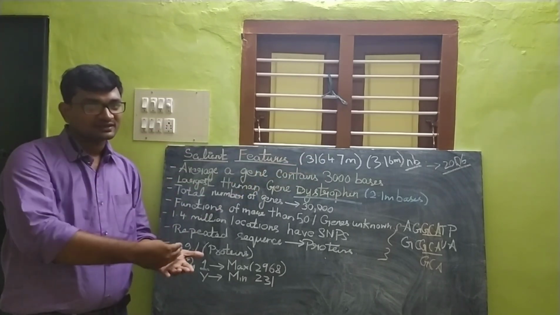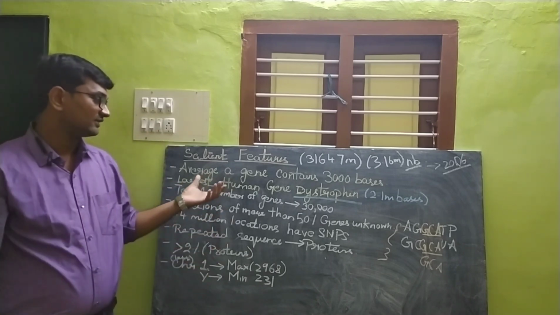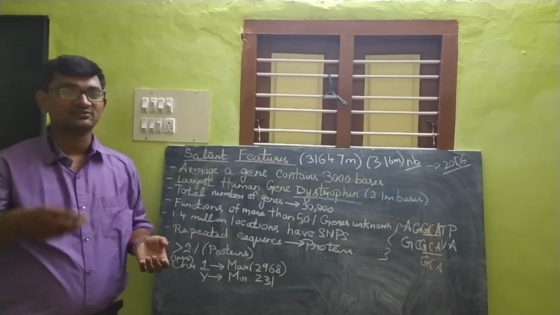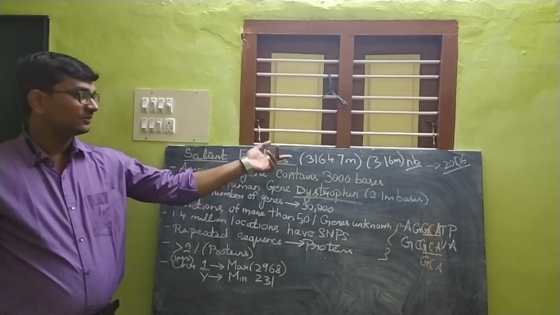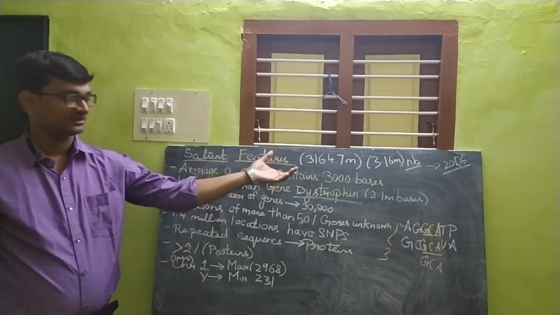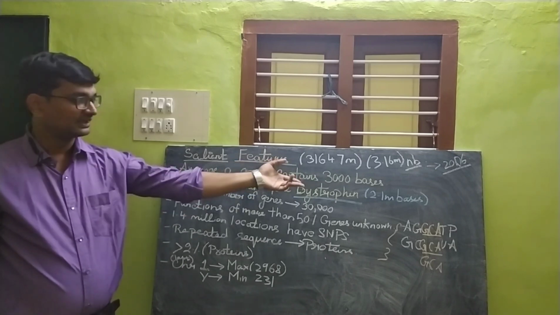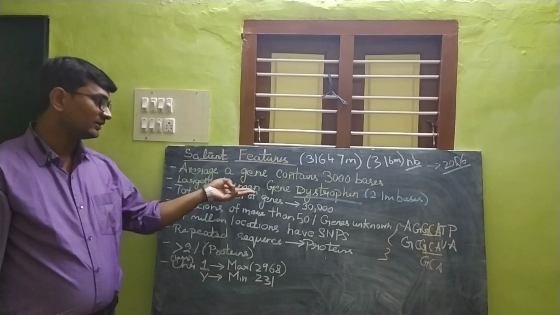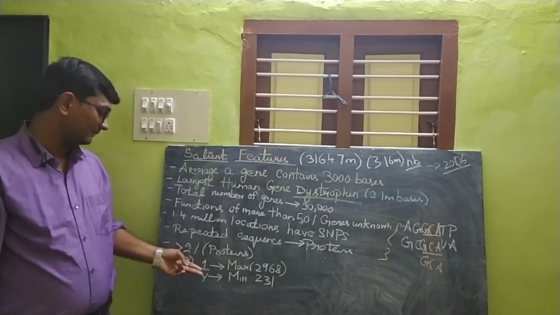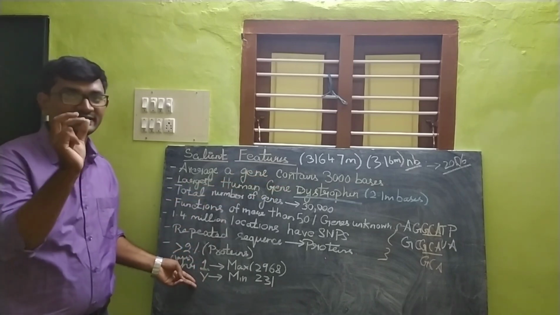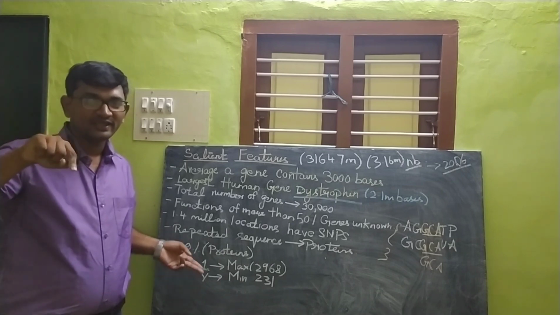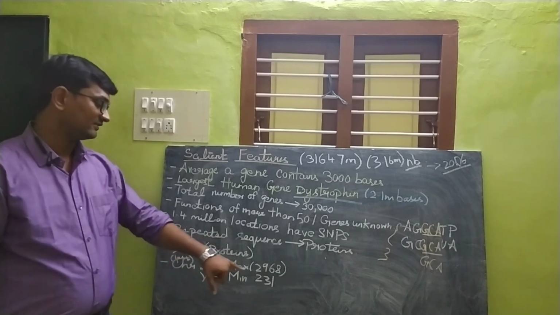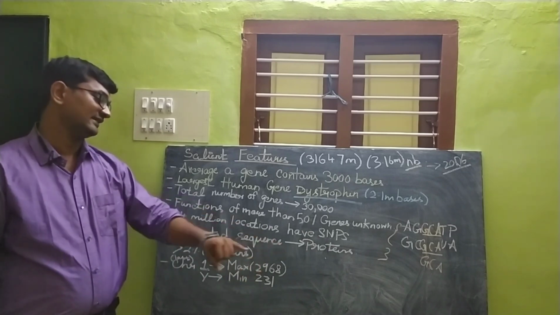I'll give you an overall review of the salient features. How many base pairs are actually known till now? 3164.7 million base pairs. On average, a gene contains 3000 base pairs. The largest human gene is dystrophin, whereas the minimum number of genes is contained in human chromosome Y, and the maximum number is in chromosome number 1, which has 2968.